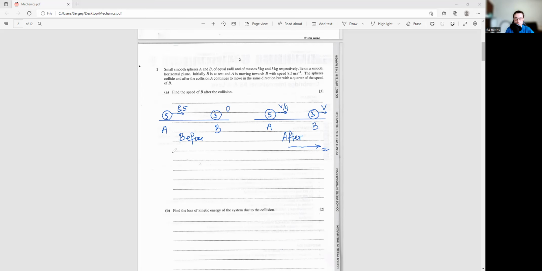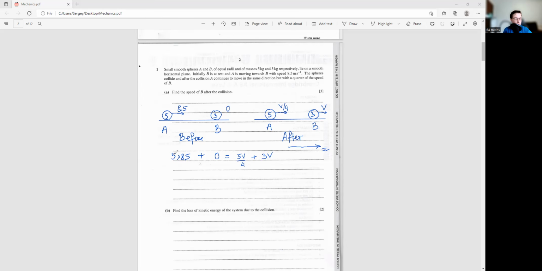Before the collision, sphere A had a momentum of 5 times 8.5, and it's positive because the velocity of A was in the same direction as my x-axis. Momentum of sphere B was 0. Now that must be equal to the momentum after, which is 5 times v over 4, plus 3v.